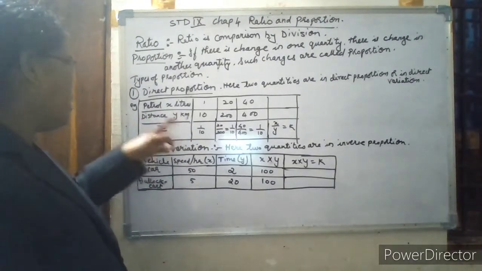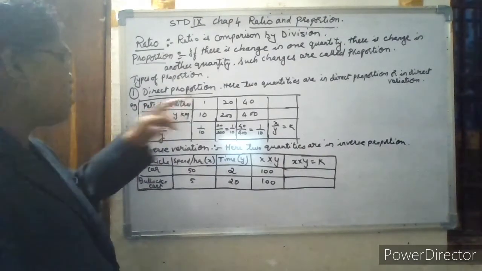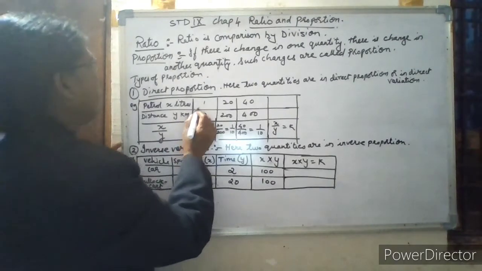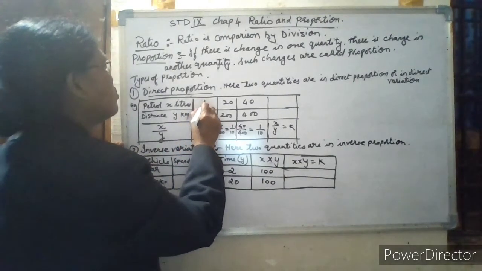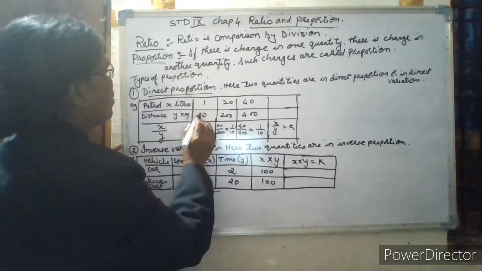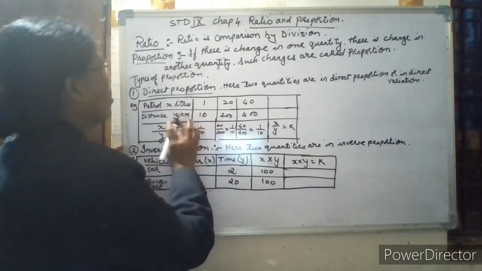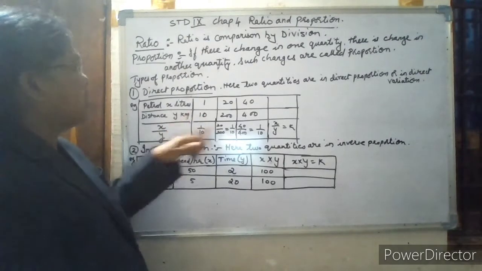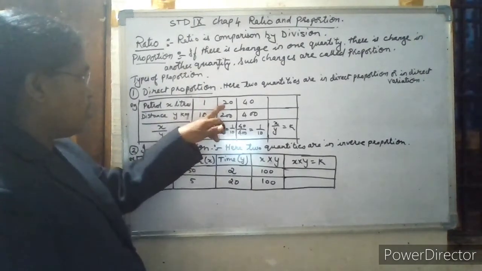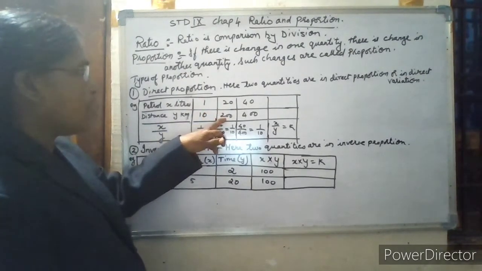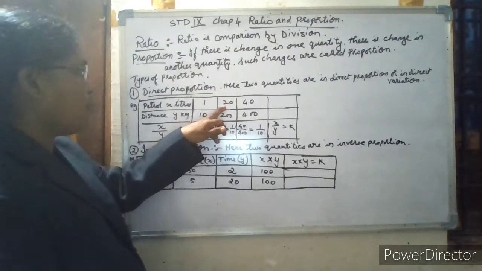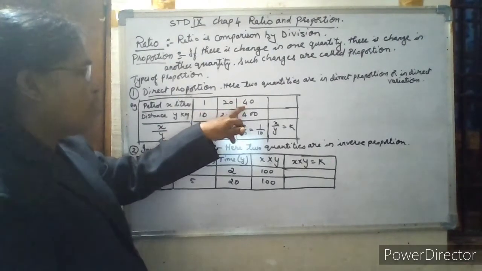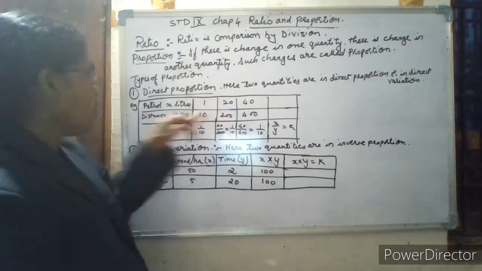If we use 1 liter, 1 liter can be used for covering the distance of 10 kilometers. Then, for covering a distance of 200 kilometers, we need 20 liters of petrol. For covering the distance of 400 kilometers, we need 40 liters of petrol.